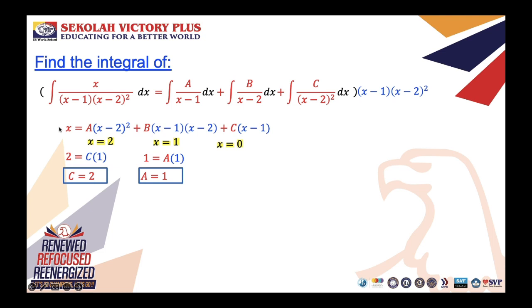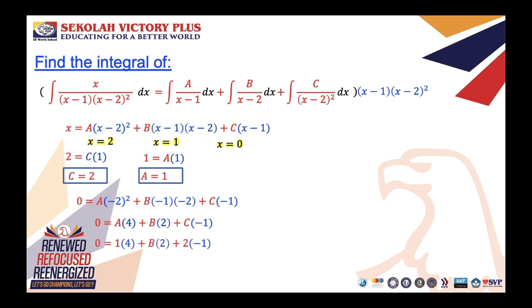So if x is 0, putting 0 to all the x's here leaves us with this. So 0 minus 2, that's negative 2 squared. 0 minus 1, that's negative 1. 0 minus 2, that's negative 2. 0 minus 1, that's negative 1. Now, simplifying this, we'll have this expression. And remember, a while ago, we already found c and a. So we have to substitute them here to leave b, the unknown, so we can solve for its value.